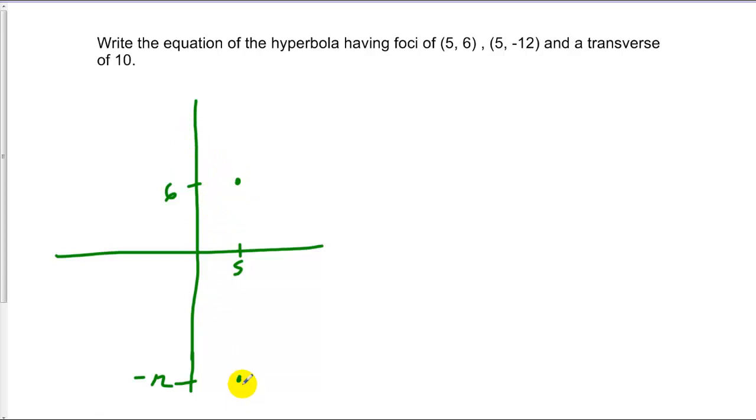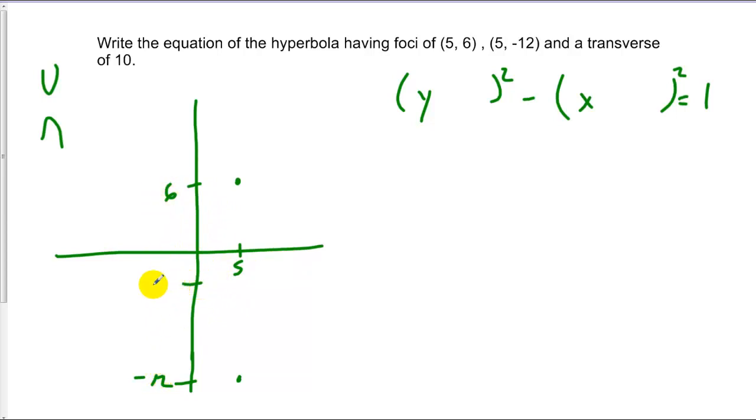I know that since the foci are on a vertical plane, I'm going to have an ellipse, or sorry, a hyperbola that leads with the y squared term and then has an x squared term. And I know that once again my center is midway between these 2 points. I have a total of 18 between them, so 9 is going to get me to my center. And this distance here will be equivalent to C.